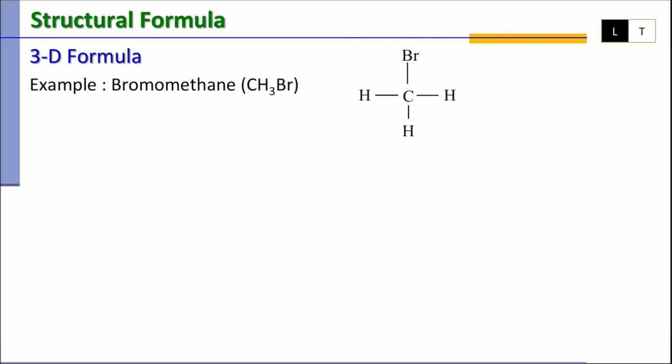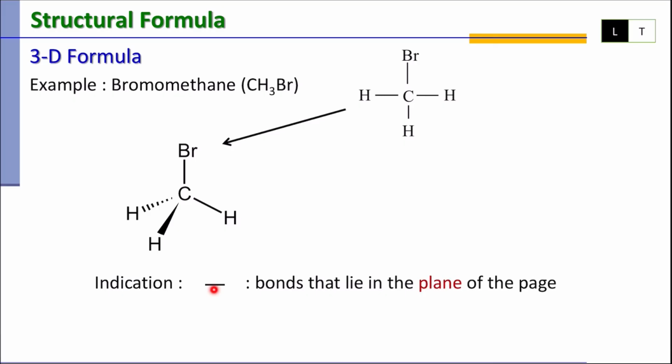In order for you to draw the 3D formula, kebiasaannya kita akan draw dalam bentuk wedges, dash wedges dan line formula. Bentuk pertama awak boleh draw like this. So kalau tengok dekat sini, as indication, bond dekat sini merujuk kepada in plane. So ini in plane. Okay. After that, kita ada wedges.